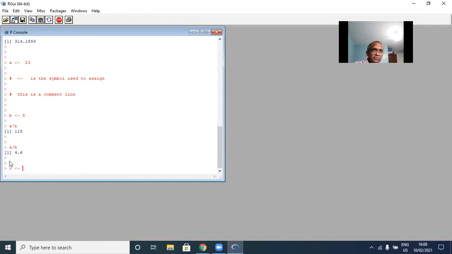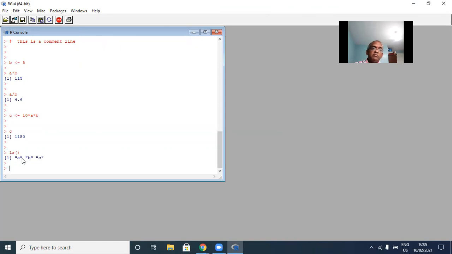And you can assign, for example, this. So what you're doing here is that you're creating a new object called C, and that takes the value of 10 times 8 times B, right, which is 1150. Now ls is list.